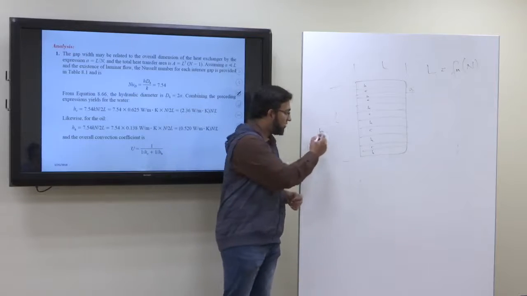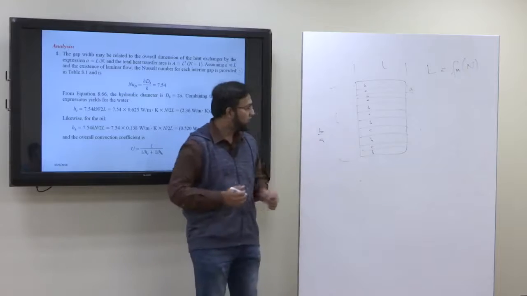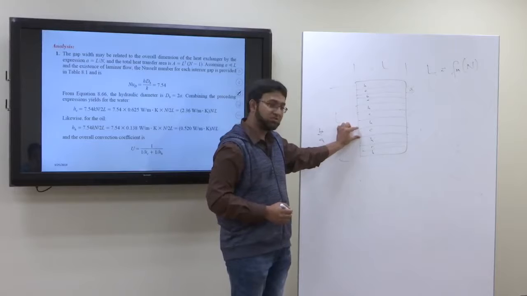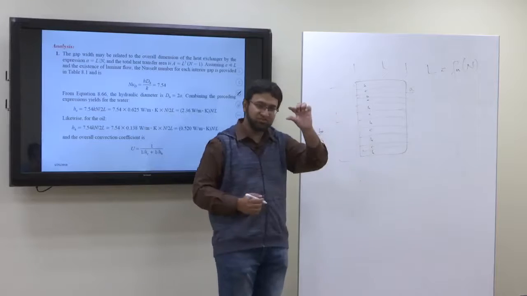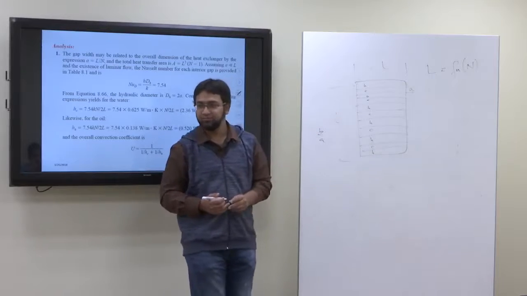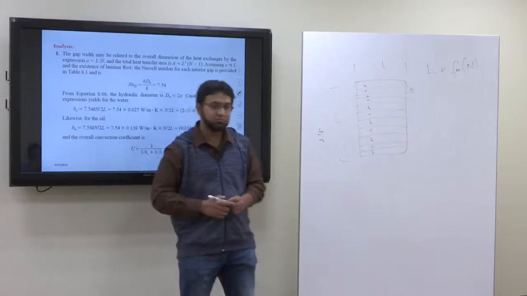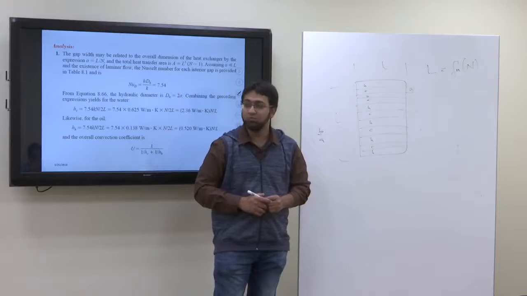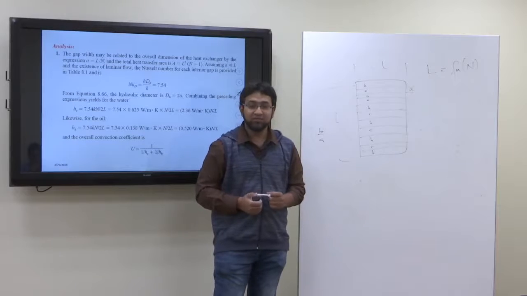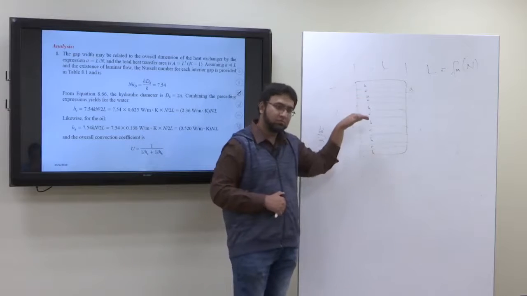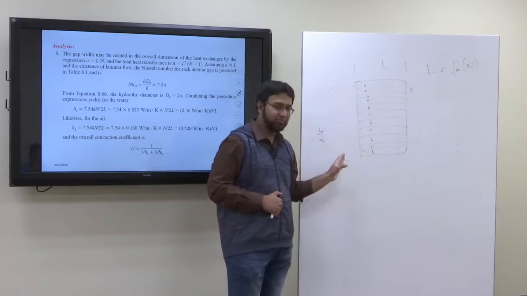So here in this case we don't know the overall L, so we also don't know what the gap A is. Should it be 1? No. Take the ratio. Now we know one thing, that there are many gaps within this length.